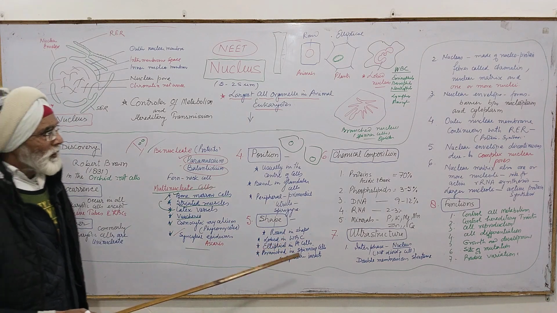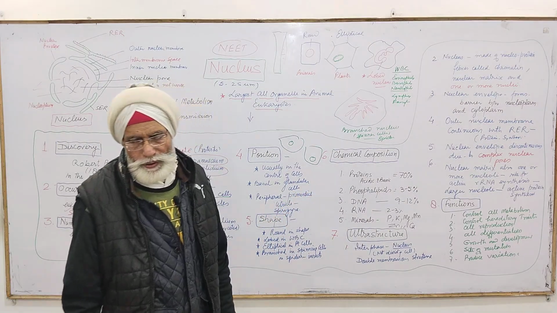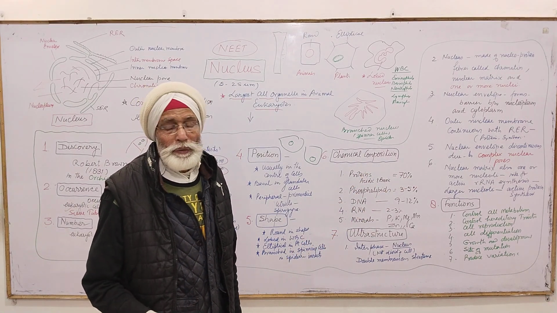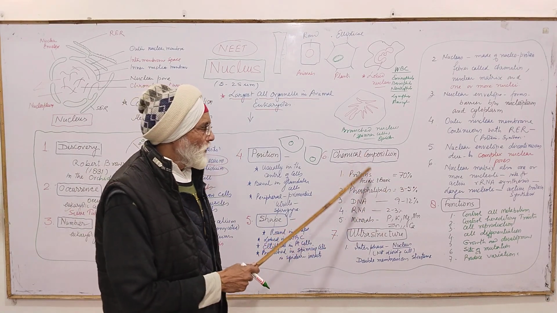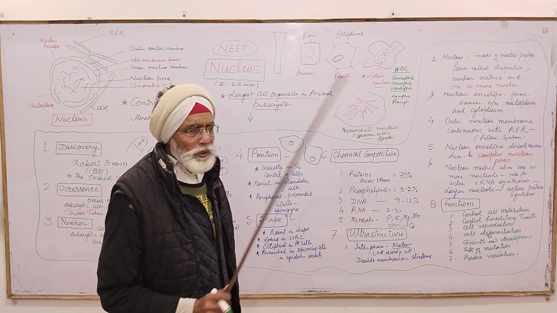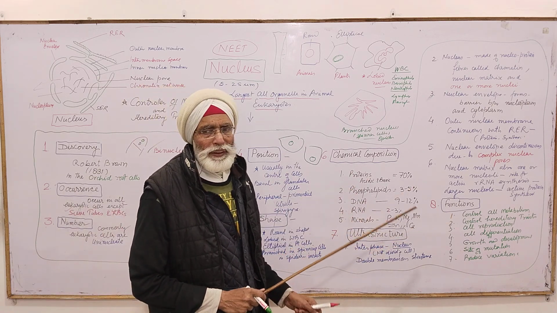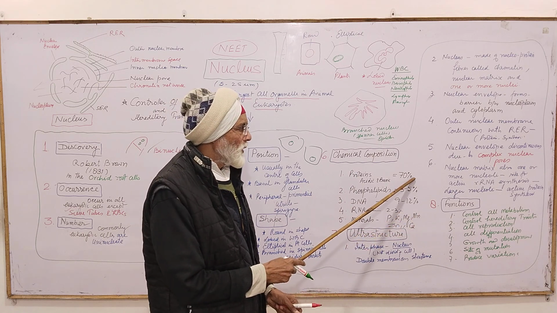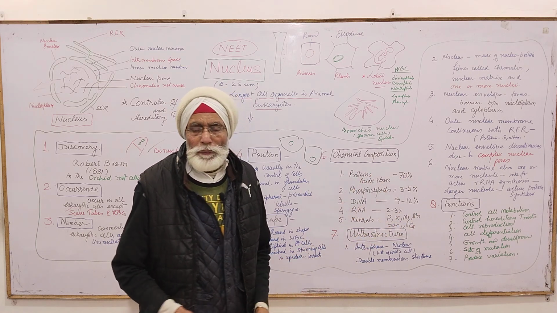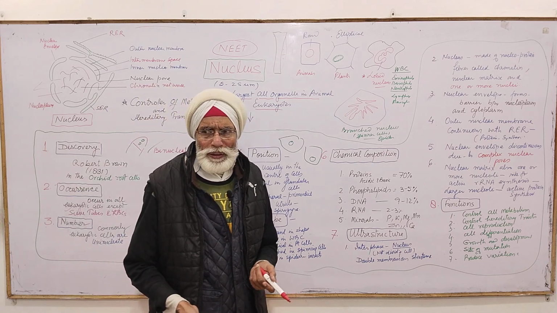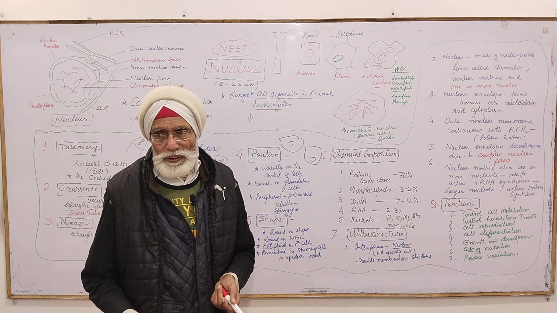Now the next one is chemical composition. If we see the dry cell, what are the chemical components present in the nucleus? First, the most important and major component is protein. 70% is protein, and these proteins may be acidic or basic. As you know, DNA cannot be imagined without the basic protein, histone protein.